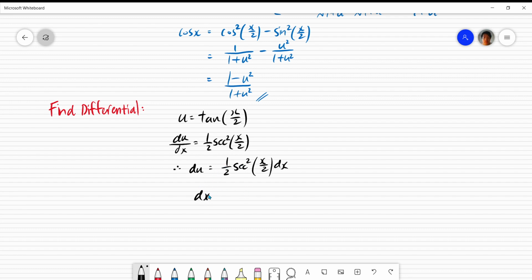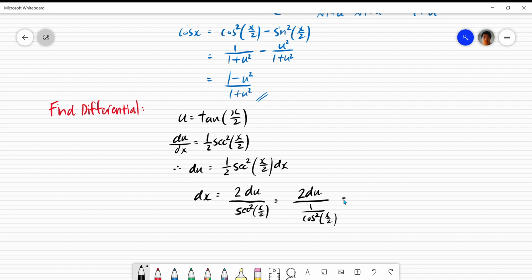So dx is 2 du over secant squared of x over 2. Well, what does that give us? Secant squared is the same as 1 over cosine squared of x over 2. So this is 2 du over 1 over cosine squared of x over 2.